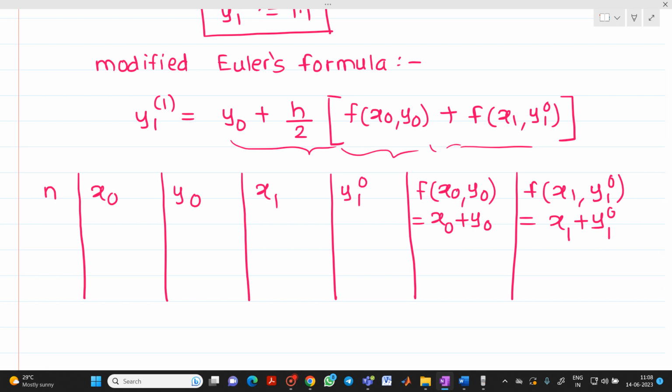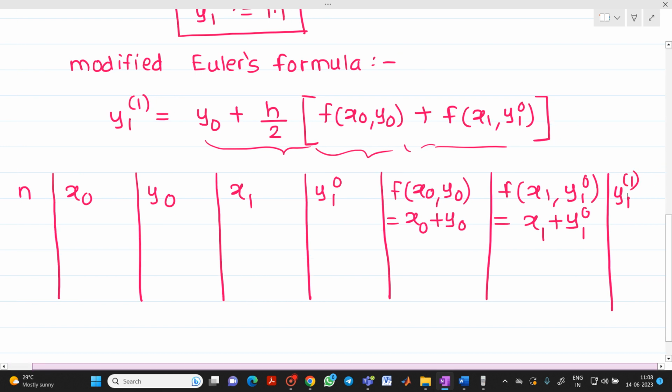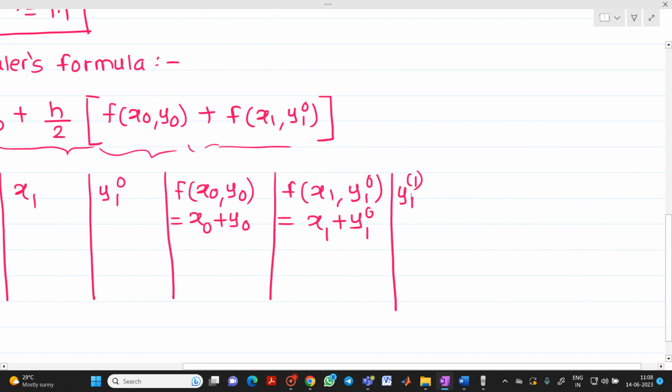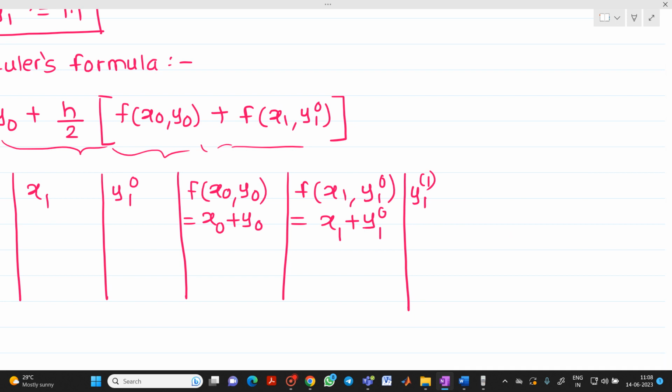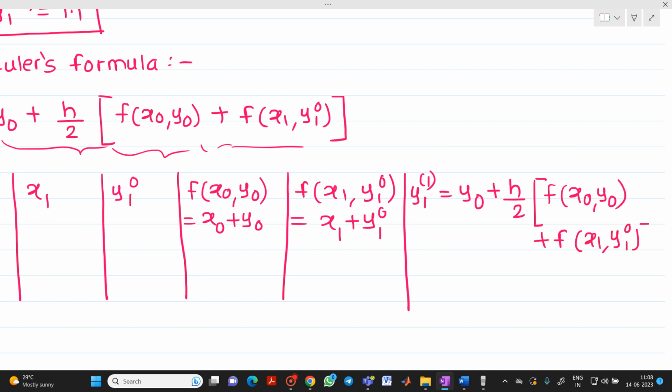Then next will be your end formula of y1(1). So what is the end formula of y1(1)? Let me write it here completely so that you will be able to understand, which will be equal to y0 + (h/2)[f(x0, y0) + f(x1, y1(0))].